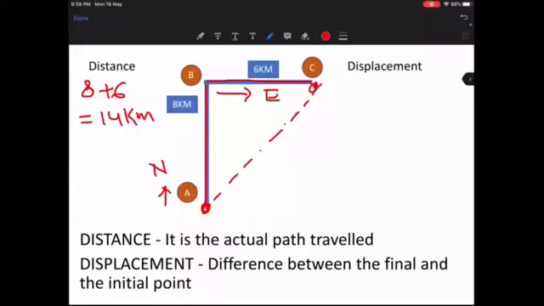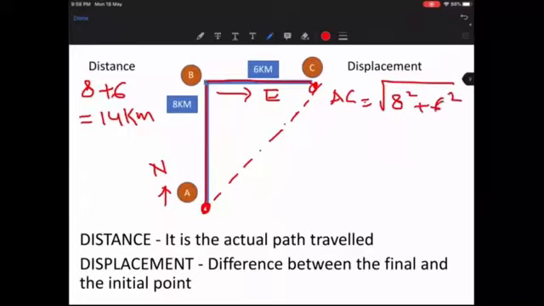So what you can do is apply the Pythagoras theorem here. Your AC will be equal to root of 8 square plus 6 square. If you calculate this, you will be getting 10. You will be getting the displacement.